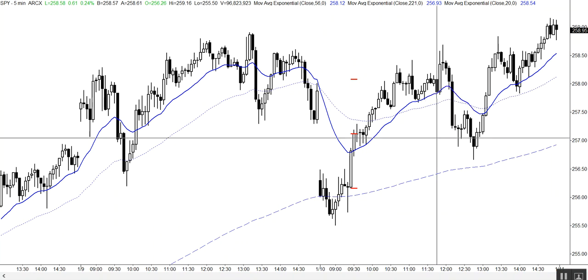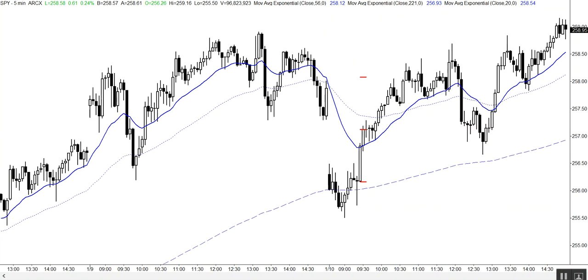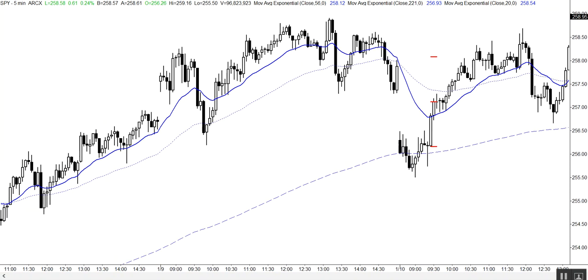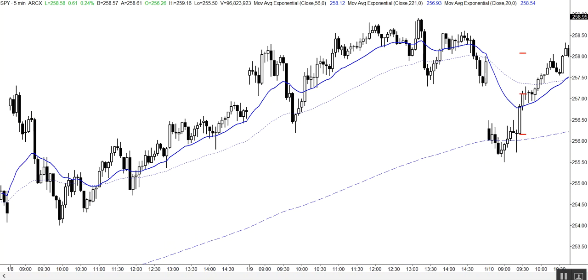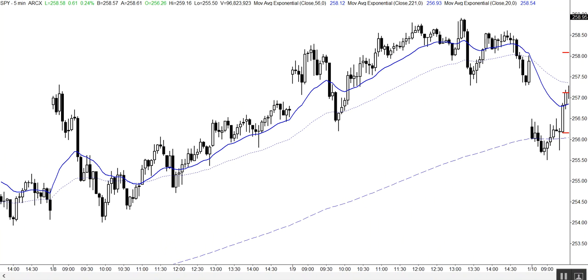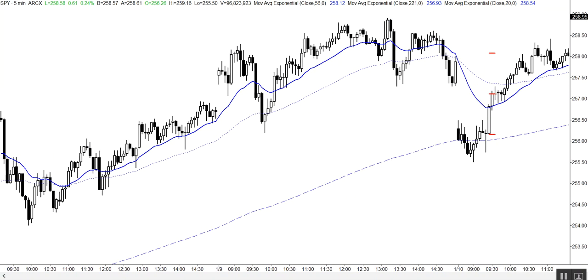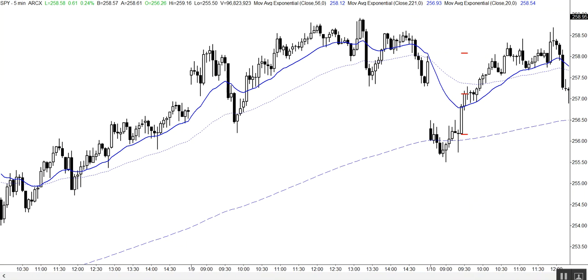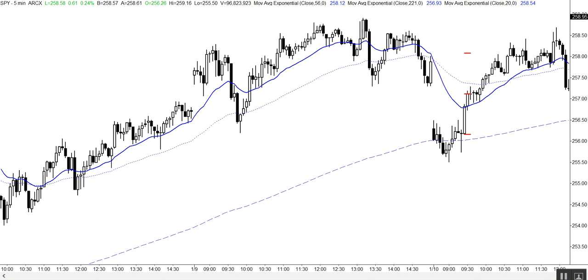Sharp sell off, and whenever you get these bars, just as when you get here, you're going higher. Same thing here. You're going lower.